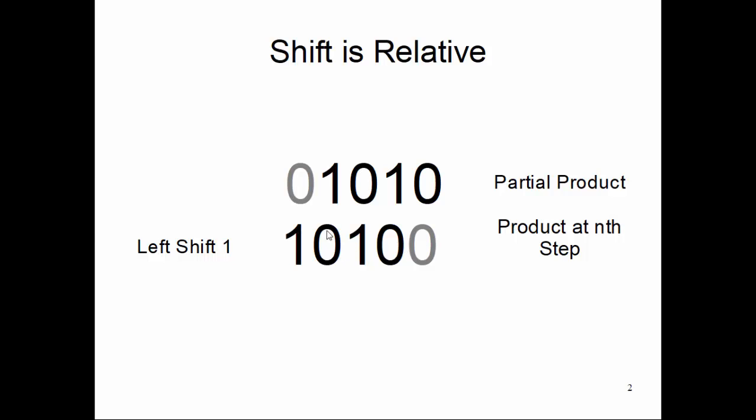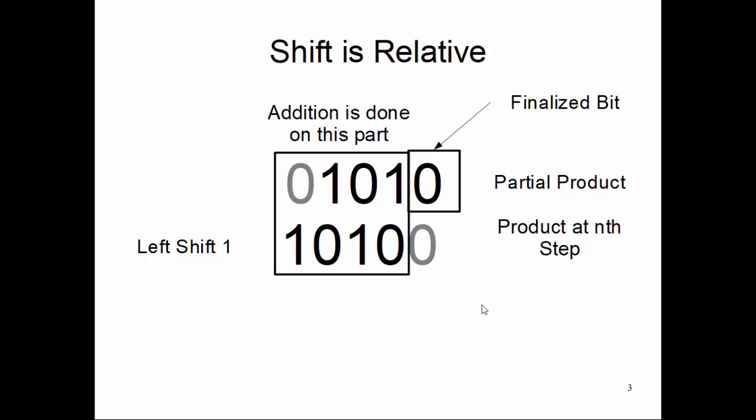That means we are writing it one column to the left. In that way, what we are doing on top of the partial product is that the LSB of the partial product is being finalized, right? We are finalizing that bit at this point, because everything else below, whatever partial product is coming up, will be all zeros at this LSB position, right?